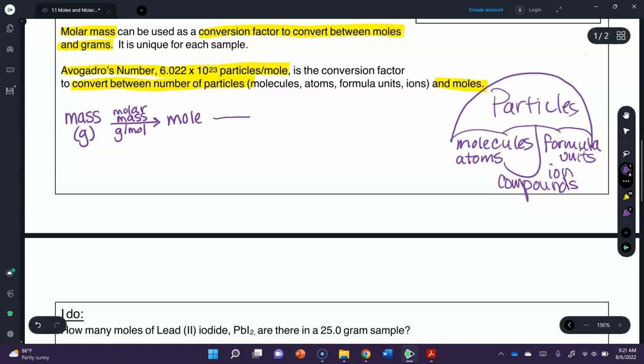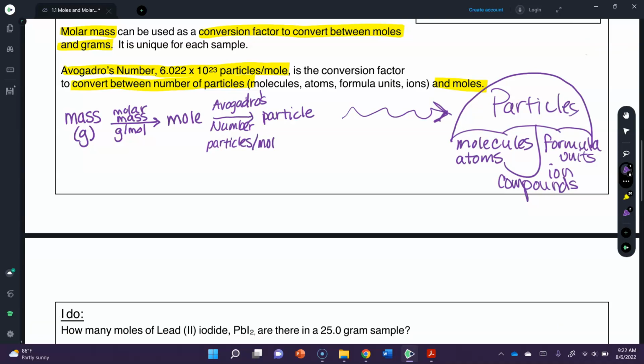And from the mole, we know that we can go to particles, any type of particle, because of this umbrella over here, and we use Avogadro's number. And remember that that has units of particles per 1 mole.